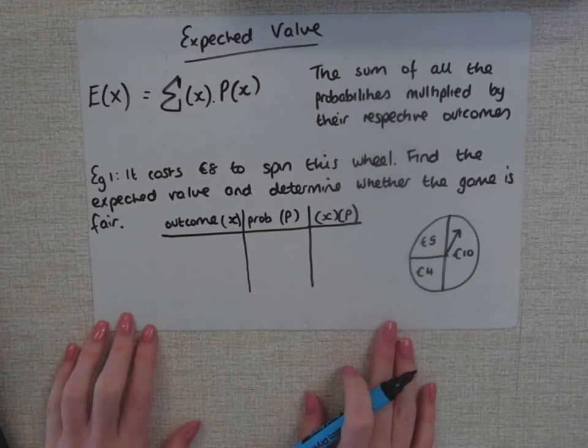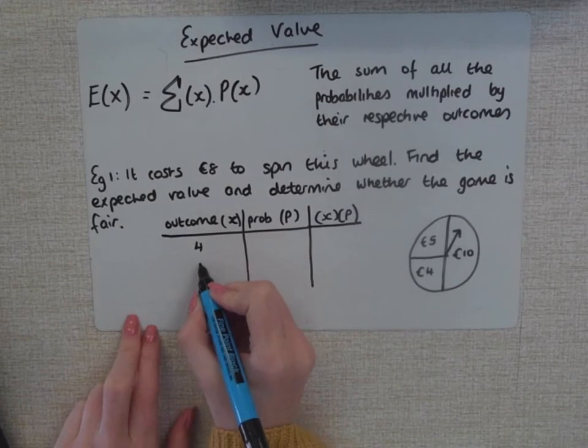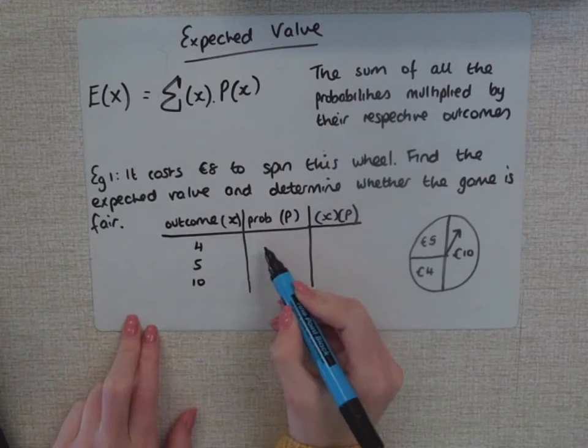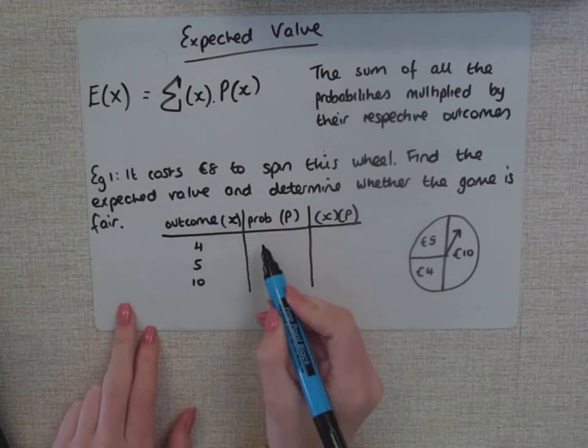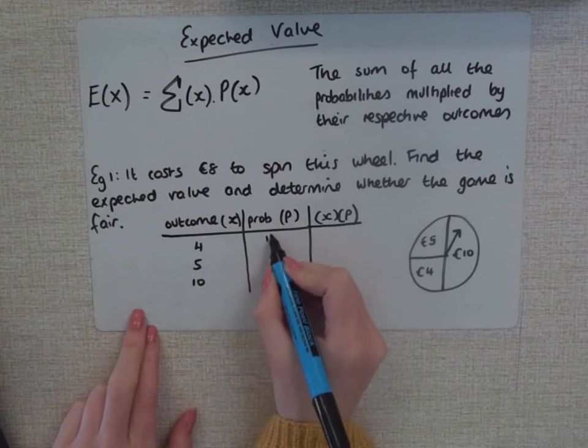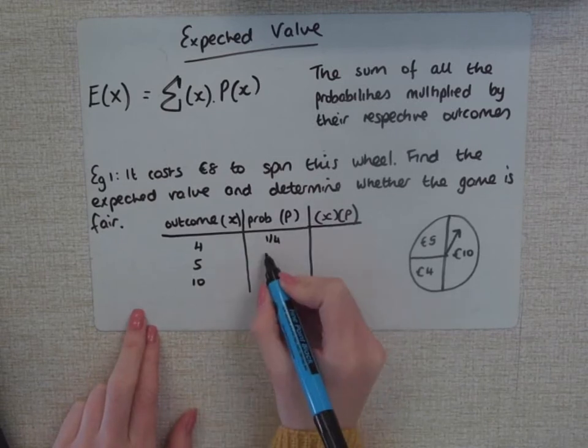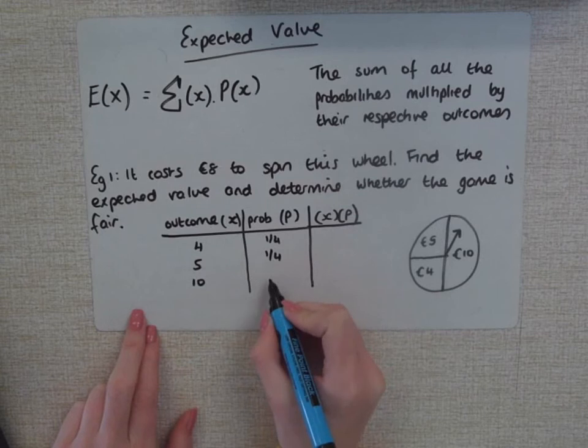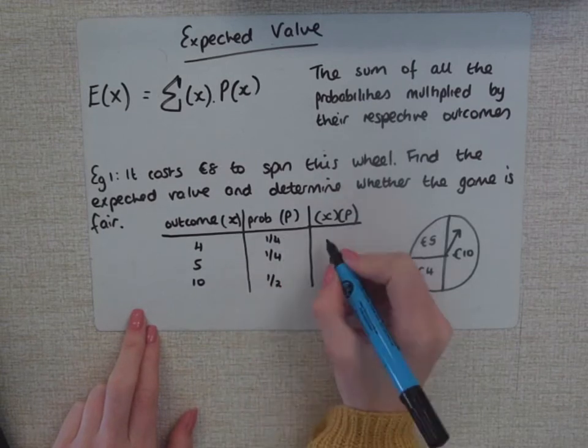So your outcomes are 4, 5, and 10, and then their respective probabilities. What's the probability of 4? A quarter, 5, a quarter, and 10, half. And then you're going to multiply them.